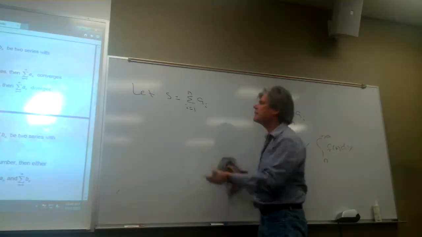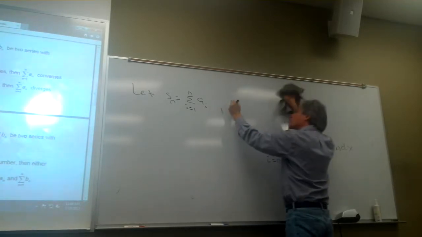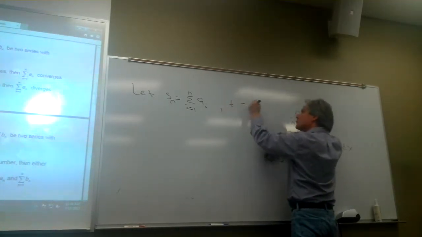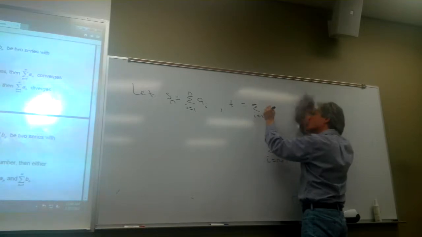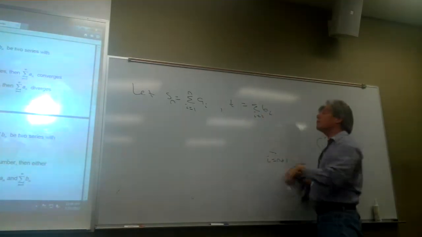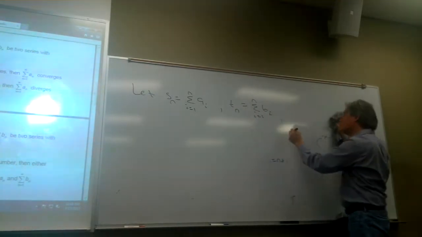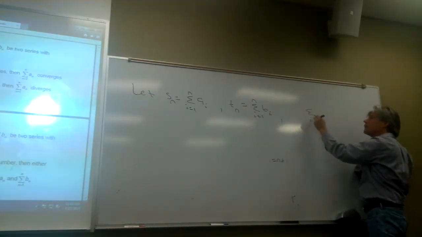Well, at least this is the nth term of the sequence of partial sums of my series. And here's the other one I'm comparing to. Well, at least the nth term of the sequence of partial sums for the series I'm comparing to.